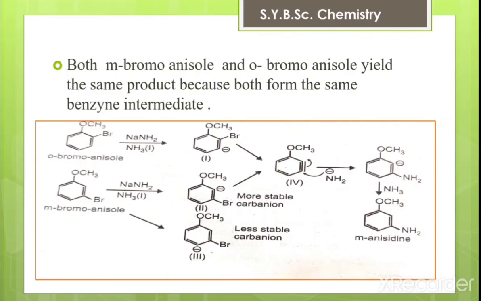Now the last point: reactivity and relative strength of the carbon-halogen bond in alkyl, allyl, benzyl, vinyl and aryl halides. Friends, the functional group of an organic halide is a carbon-halogen bond, the common halogens being fluorine, chlorine, bromine and iodine.